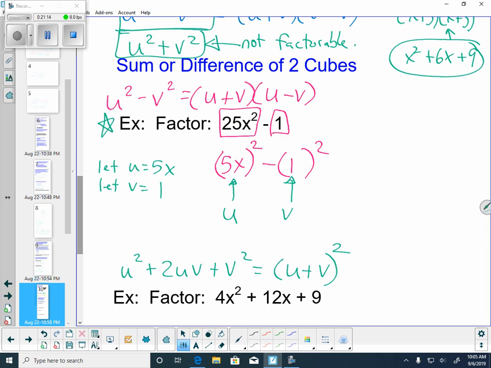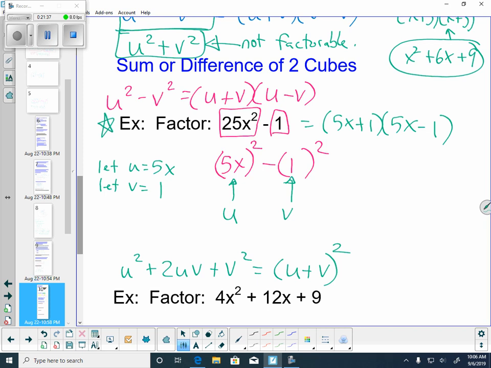Now I'm asking you to use this formula, and you're going to plug in 5x wherever you see a u and 1 wherever you see a v. Billy, help me out with that. It ends up being 5x plus 1 times 5x minus 1. Does that make sense? All right.